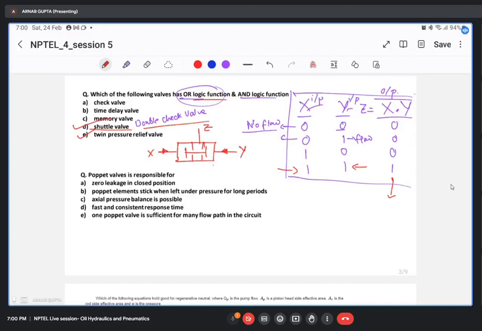If we look at the design perspective, what is the construction inside the valve, then it can be broadly classified into poppet valves and spool valves. Can you name a few?